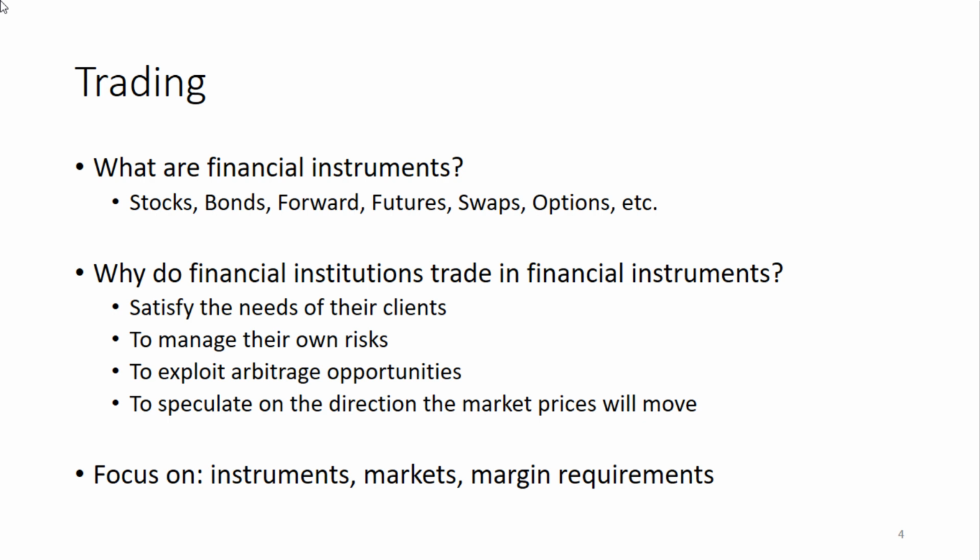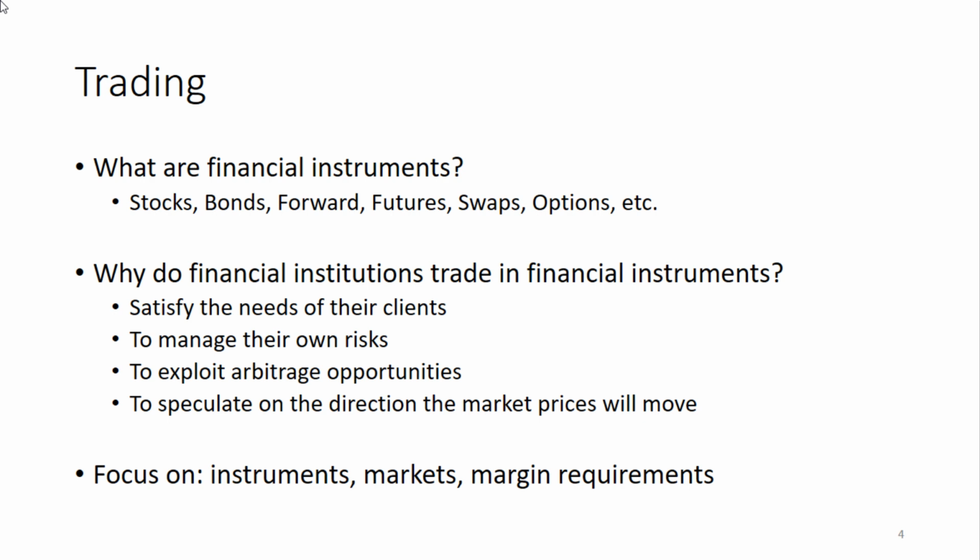From the perspective of a financial institution, and we will always take the perspective of a financial institution, think for example of a bank, the question arises: why do they actually trade? There are many different reasons for that. First of all, they need to satisfy the needs of their clients.